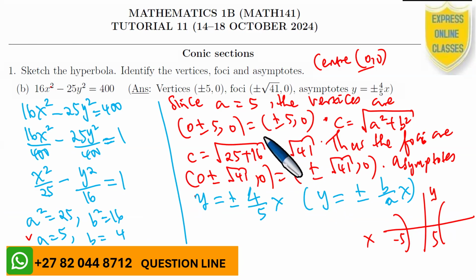These are the vertices. Then you need the foci: minus square root of 41, and square root of 41. The square root of 41 is close to the square root of 36, so minus 6 point something.